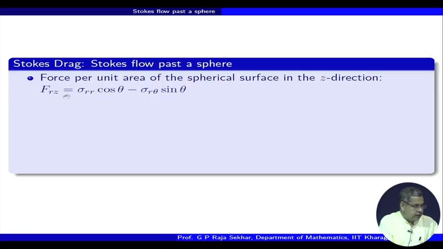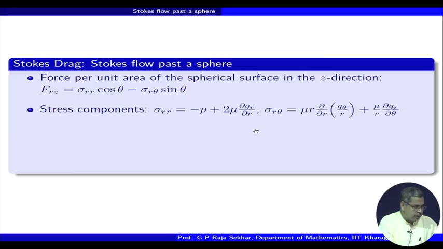It is given by the normal stress multiplied by cos theta minus the corresponding shear stress multiplied by sin theta. So, this is again an exercise. The stress tensor can be resolved in terms of 3 directions r, theta, phi. Since here we are interested in the z direction, we are indicating this along the z direction, in Cartesian notation. So, we are getting this.